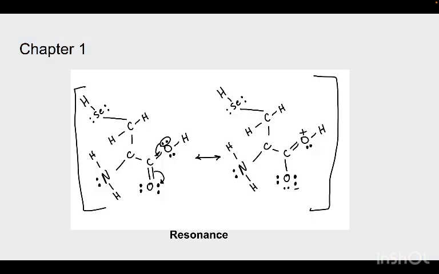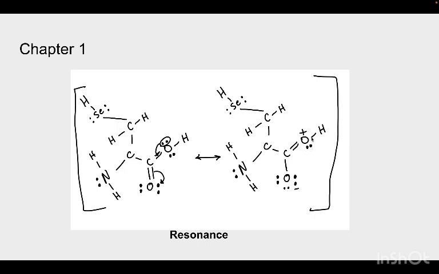Next, we have resonance. There's only resonance on this side of the molecule, where the lone pair becomes a double bond, and this double bond becomes a lone pair up here, which is why it will get a negative. And since we know that oxygen has 6 electrons, now it has 5: 1, 2, 3, 4, 5.